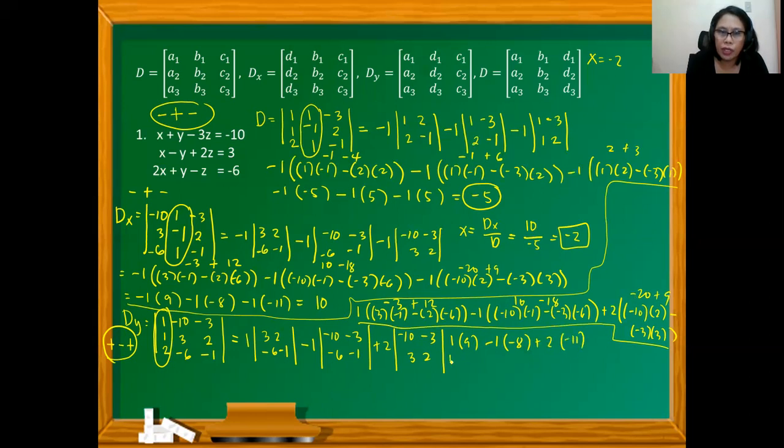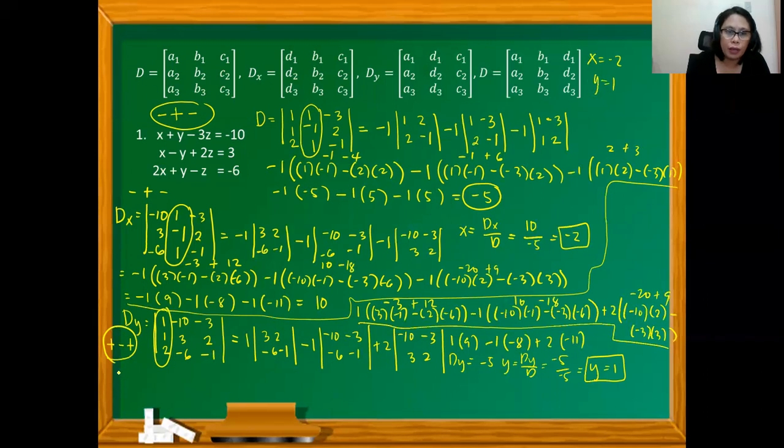So d sub y is equal to 1 times 9 and then minus 1 times negative 8 plus 2 times negative 11. So we have negative 5. So y equals dy over d. So we have negative 5 over negative 5. So y is 1. Okay, y equals 1 here.